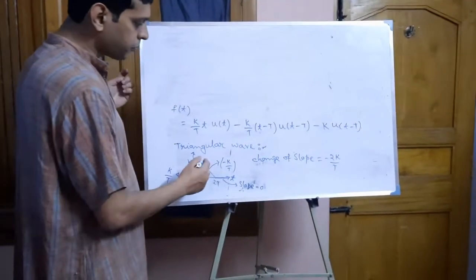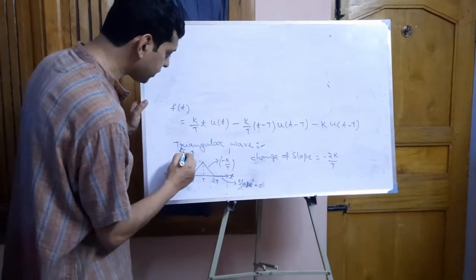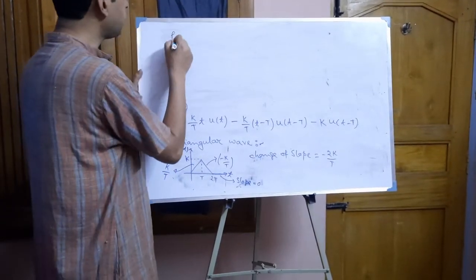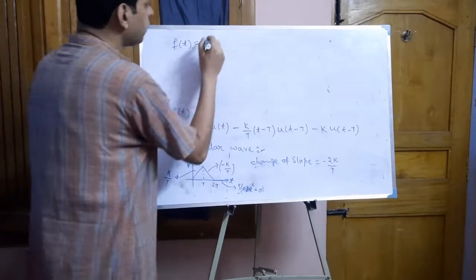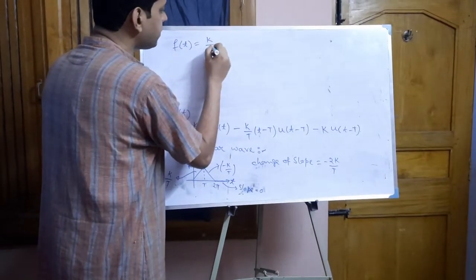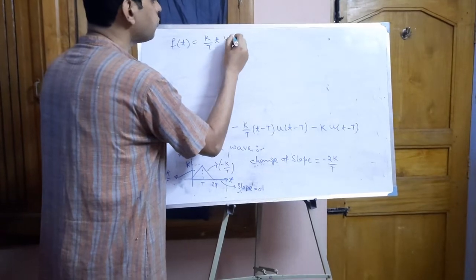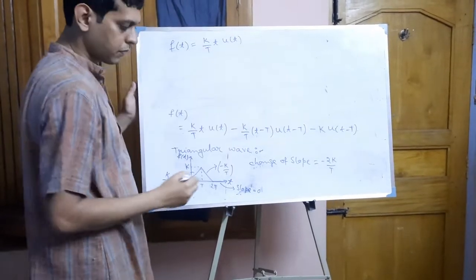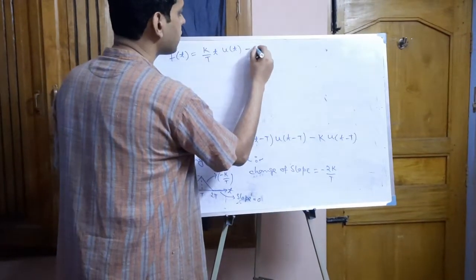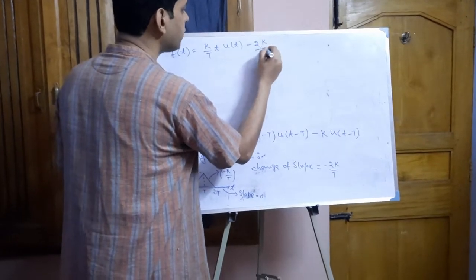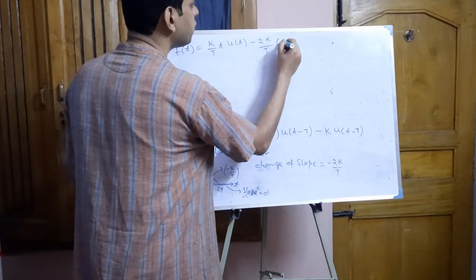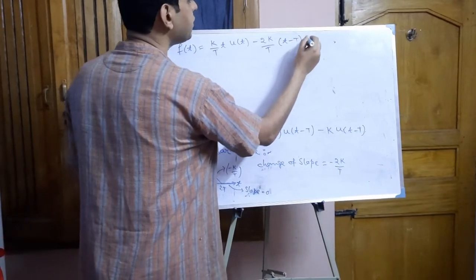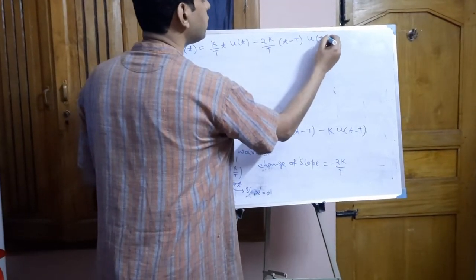The triangular wave can be expressed as f(t) equal to what? f(t) equal to (k by T) into t u(t) minus (2k by T) into (t minus T) u(t minus T).